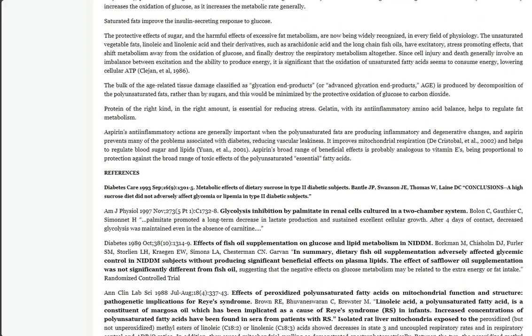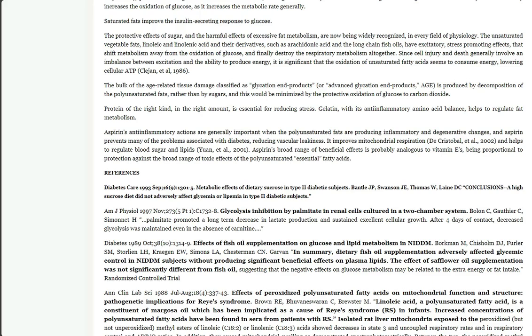The protective effects of sugar and the harmful effects of excessive fat metabolism are now being widely recognized in every field of physiology. The unsaturated vegetable fats, linoleic and linolenic acid, and their derivatives, such as arachidonic acid and the long-chain fish oils, have excitatory, stress-promoting effects that shift metabolism away from the oxidation of glucose and finally destroy the respiratory metabolism altogether.